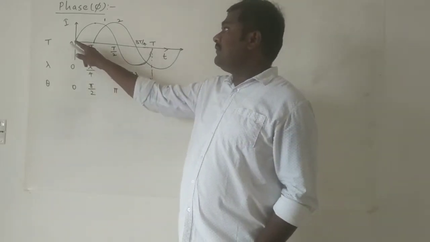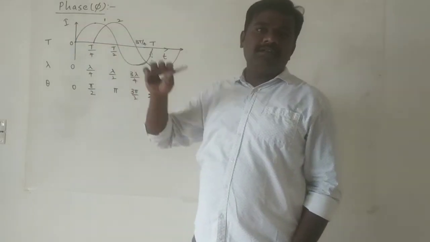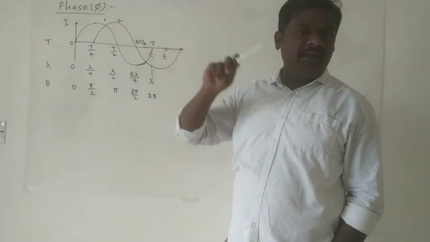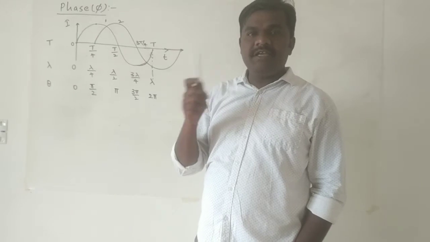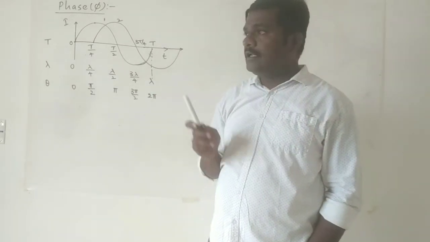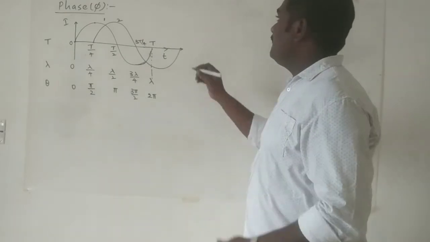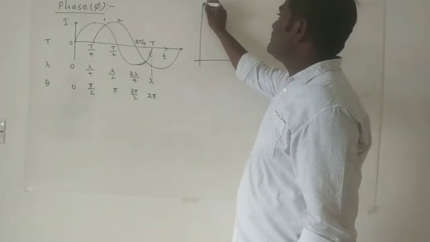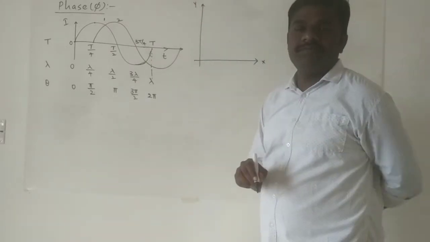Now, here if you take either current or voltage, anything you can take. Both are sinusoidal quantities. Sinusoidal is nothing but the direction gets reversed periodically and the value is not constant. It changes from second to second. Now, such a periodical quantity, if you place it in a two-dimensional coordinate system, so this is the x-axis and this is the y-axis.